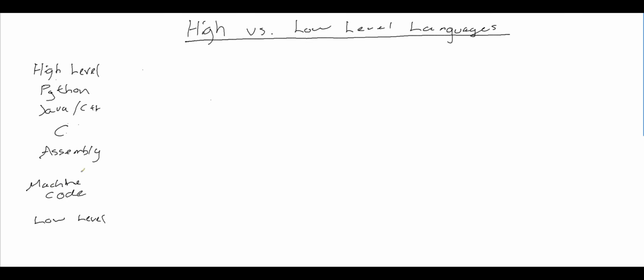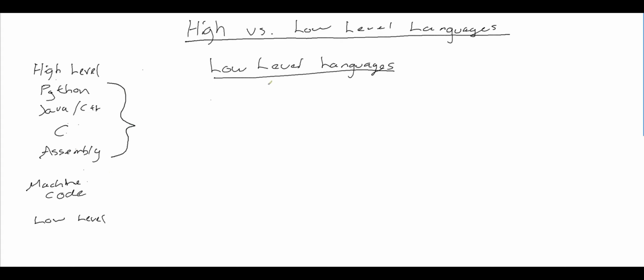And then we've got machine code. Machine code is our lowest level language, and what is important to remember is that only machine code can be directly executed by the CPU. So all of these languages here have to be translated in some way into machine code before they can be executed by the CPU.